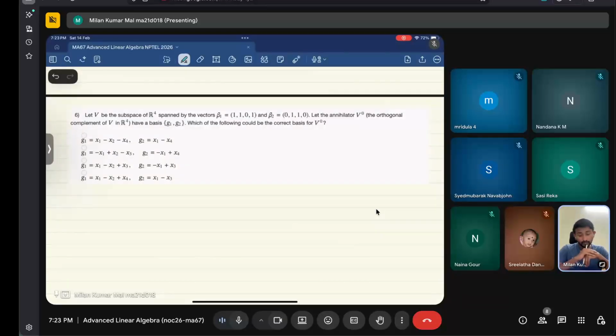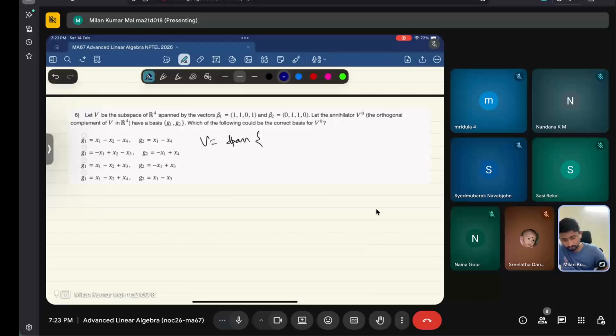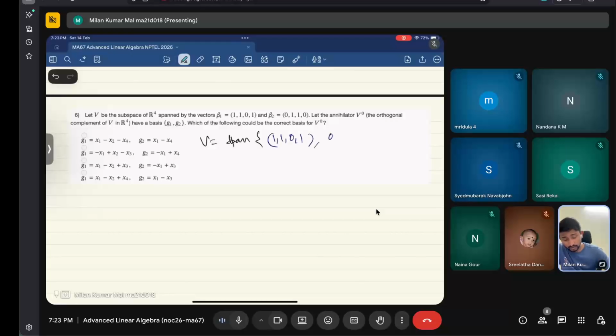Let V naught be the annihilator of the space V. V is the span of beta 1, that is (1, 1, 0, 1), and beta 2, that is (0, 1, 0). Okay, and V naught is the annihilator.